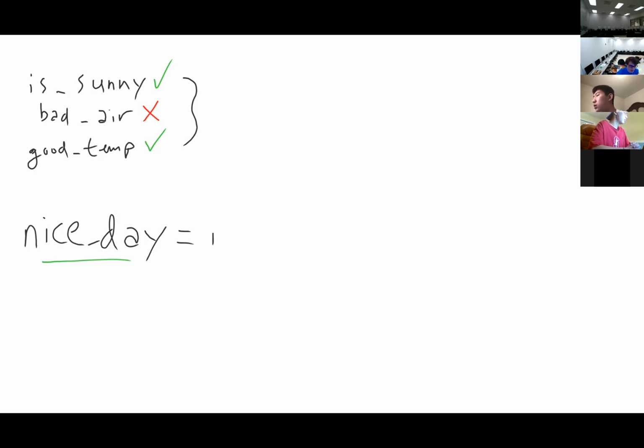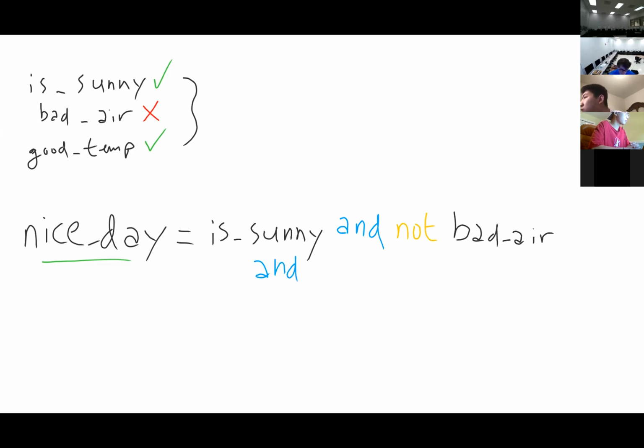So we want to say is sunny and we want bad air to be false for nice day to be true. So we want to say and not bad air and good temp.